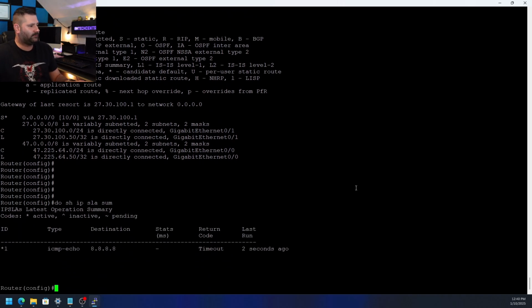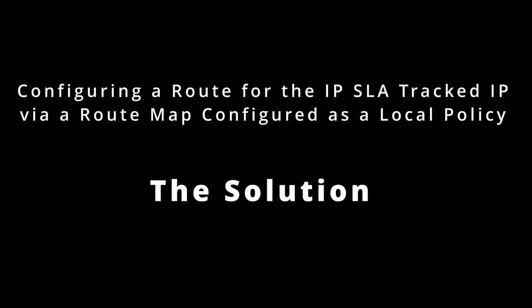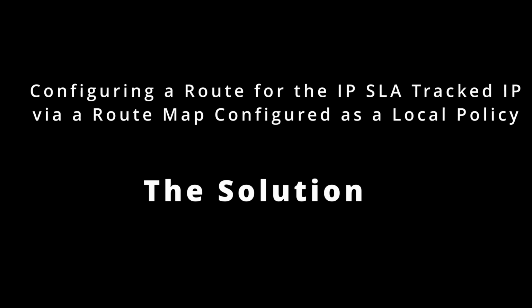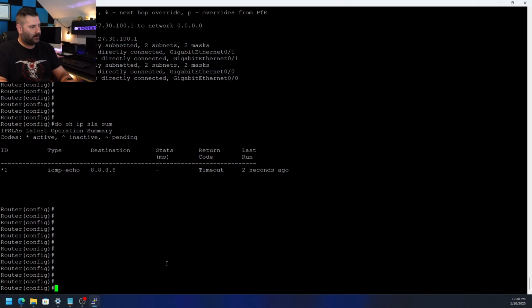So let's go ahead and just fix it really quick. Instead of going IP route 8.8.8.8 and then setting the next hop, I like to create a route map and then configure it as a local policy.